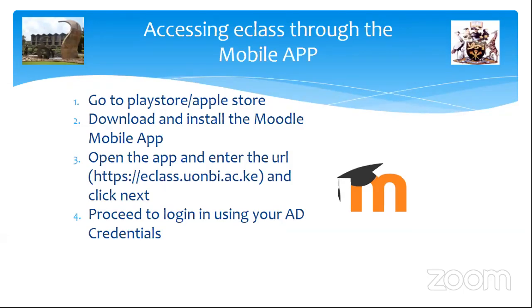Then you log in using your AD credentials. Once you have installed it and entered the URL, you log in as we did when accessing through the web. You put in your AD credentials, your registration number, again without the forward slashes, and your AD password, the password that we set up at the beginning.